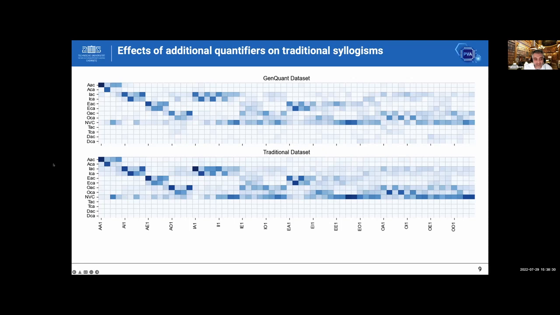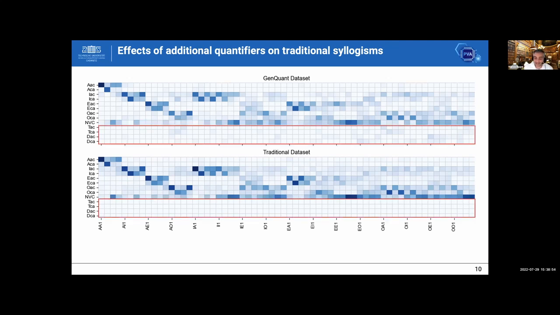But what you see is that there is no difference between the traditional data set and the GenQuant data set. Even though in the GenQuant data set they were presented with the generalized quantifiers, they did not choose them more in these cases than in the other. So in some sense those are very similar.